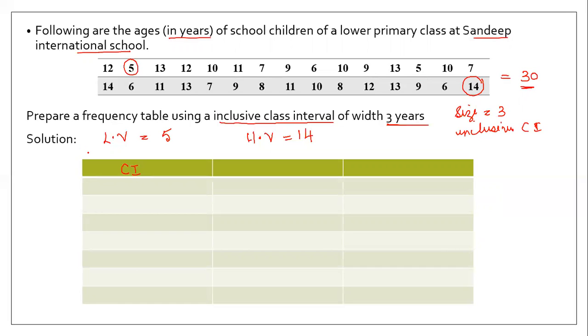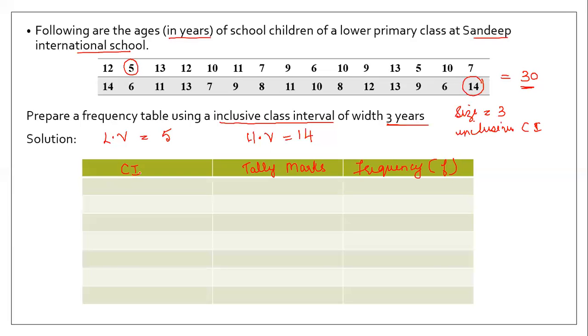Before that you have to write a heading, that is formation of a table relating to inclusive class interval of the ages in school. Okay, so class interval, tally marks and frequency, that is denoted as F.